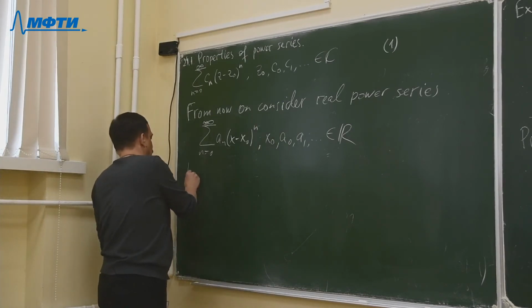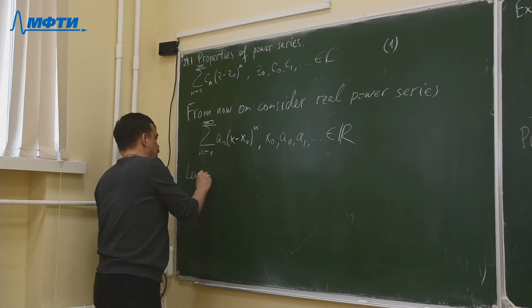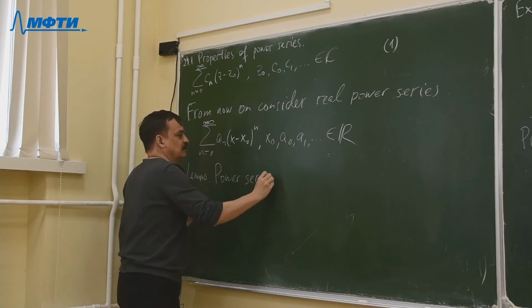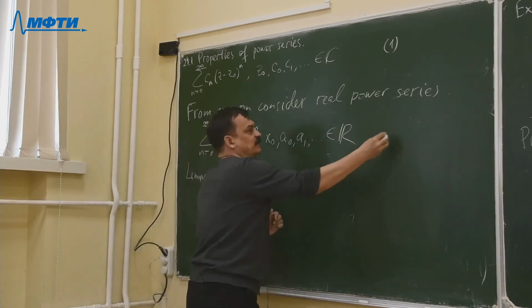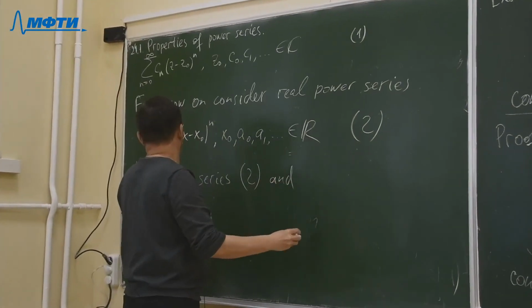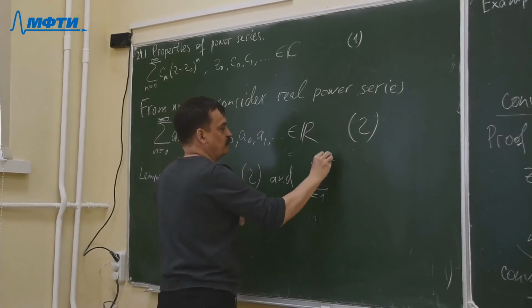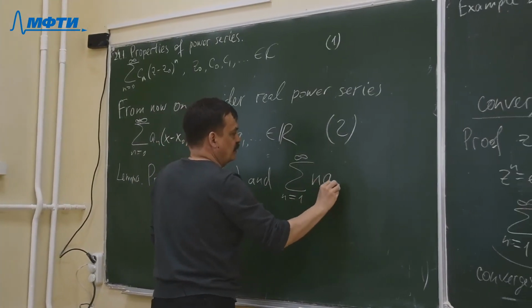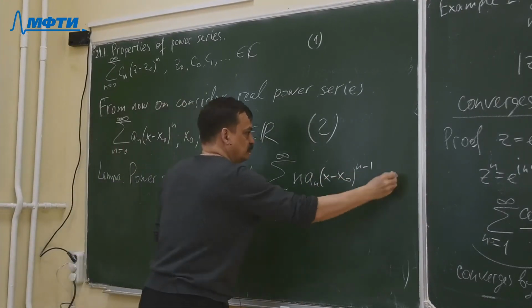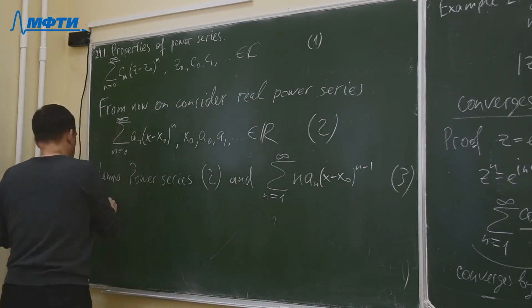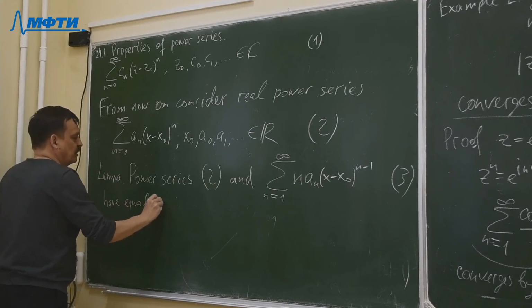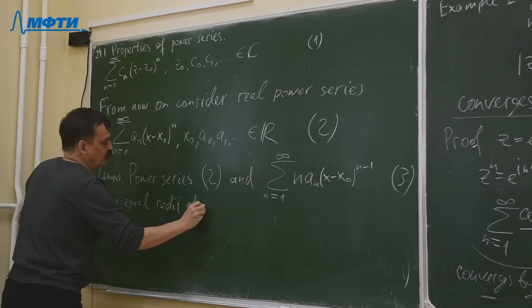So, I'll start with a lemma. Power series 2, the sum from n equals 1 up to infinity of n a_n (x minus x naught) to the power n minus 1, let it be 3, have equal radii of convergence.